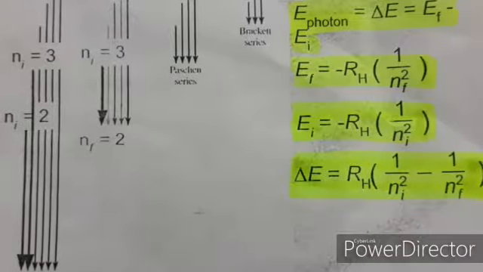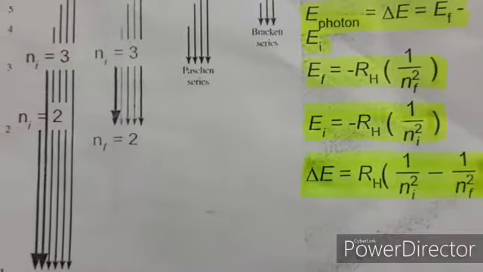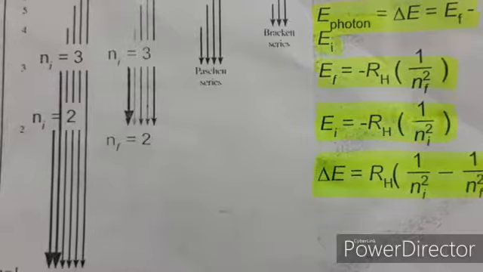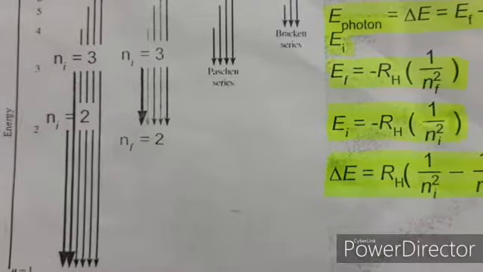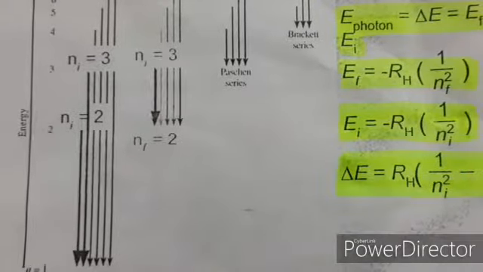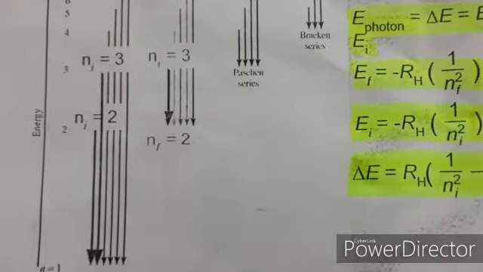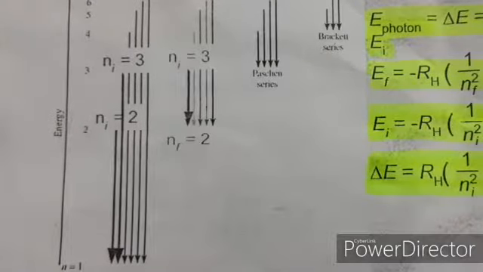From that, we can conclude that delta energy is equal to Rydberg constant multiplied by 1 over the principal quantum number of initial squared minus 1 over the principal quantum number of final squared. So that's the formula to calculate the energy of a photon.